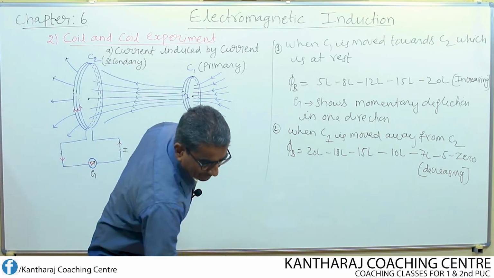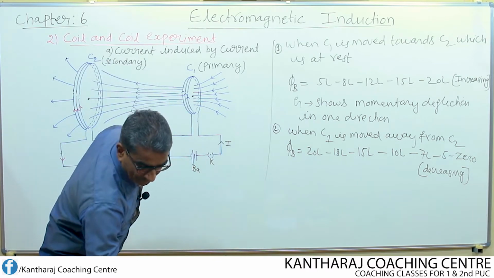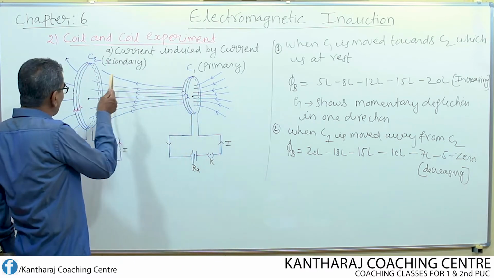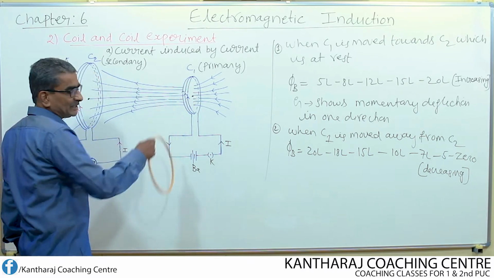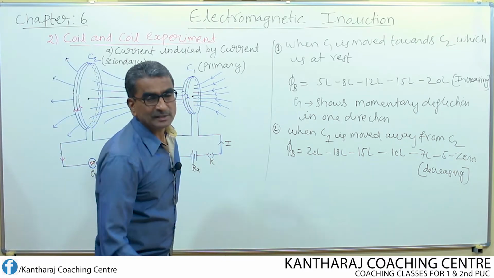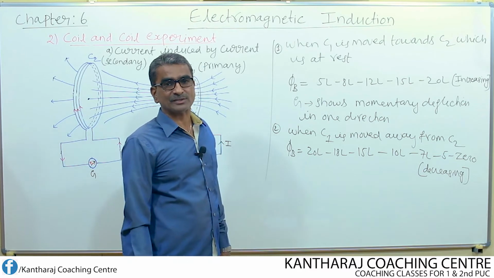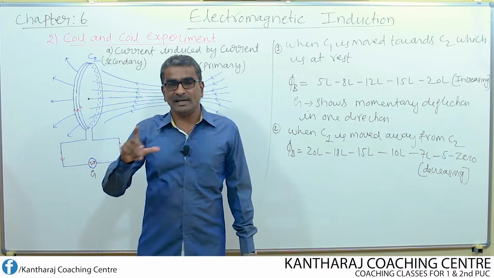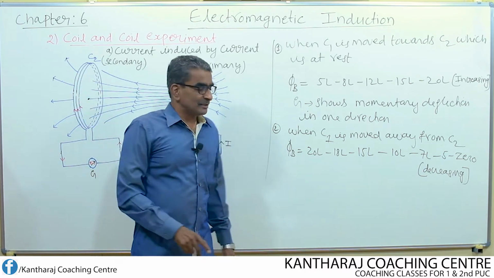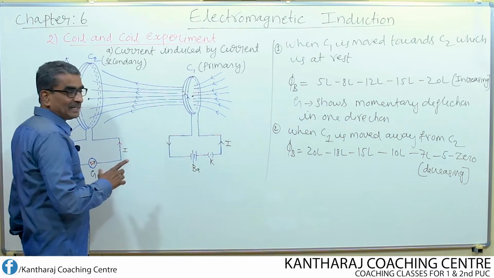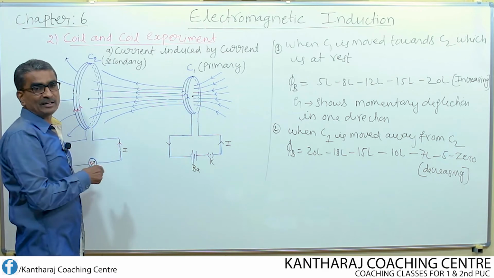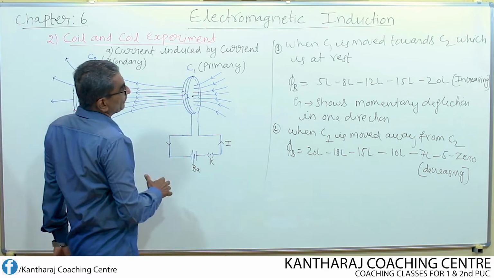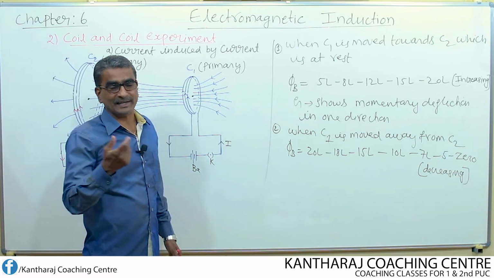So when we move C1 either towards C2 or withdraw C1 away from C2, in both cases, due to the change of magnetic flux linking with C2, an EMF is induced in it. The deflection in the galvanometer indicates that a current is induced in the coil, which demonstrates electromagnetic induction.